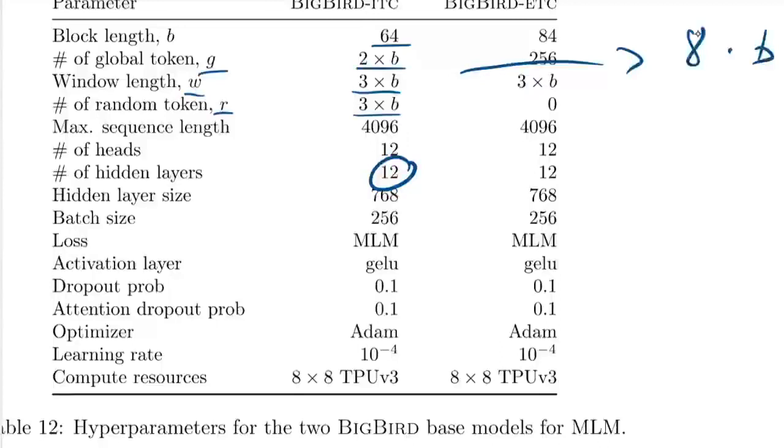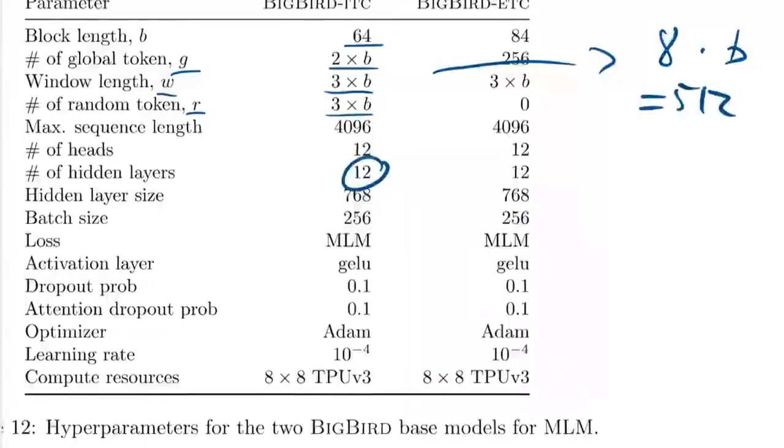So 8 times 64 is, can I calculate this, or am I stupid? It's 512, yes. I actually calculated this before. So this is 512 tokens. So, you go from BERT that has 512 tokens and attends to 512 tokens to also attending to 512 tokens.